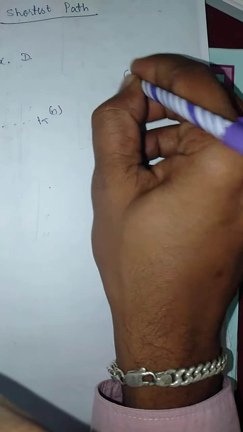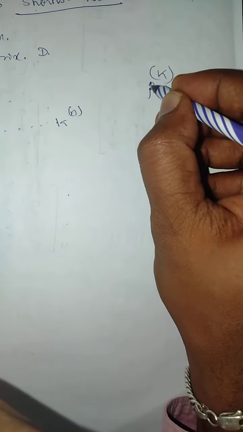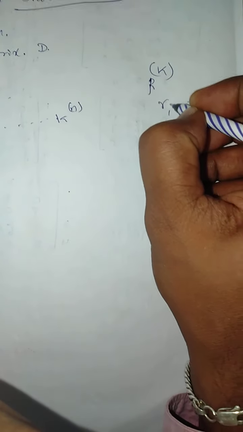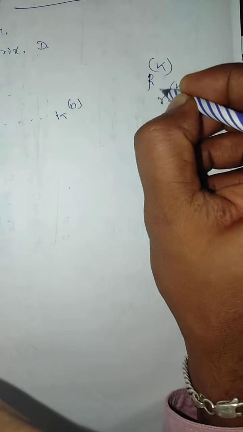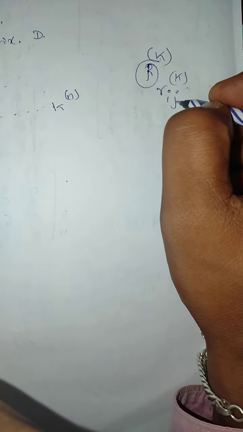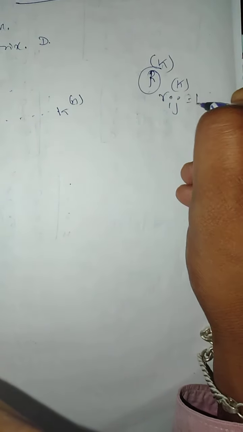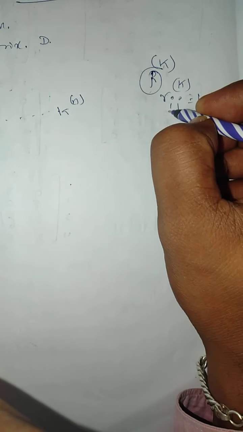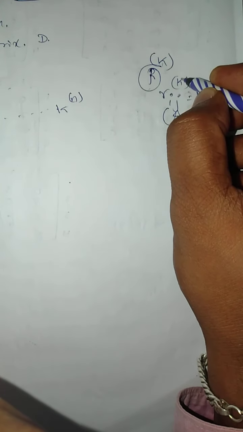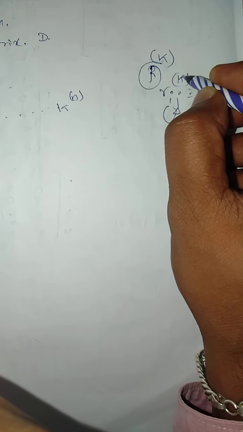R of k indicates: each element Rij of k in the matrix Rk is 1 if there is a non-trivial path from i to j using k as the intermediate vertex.